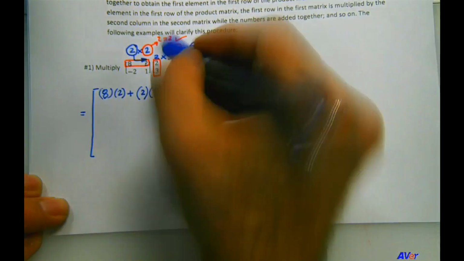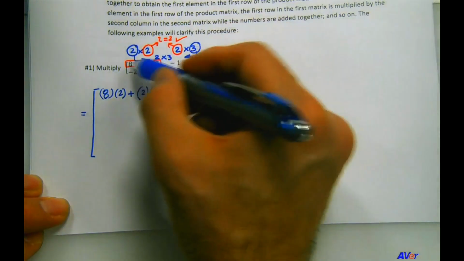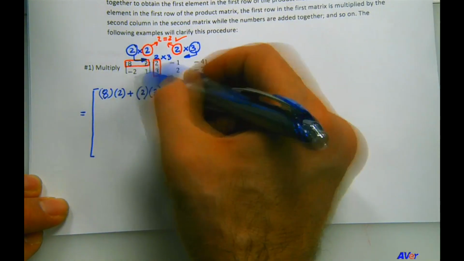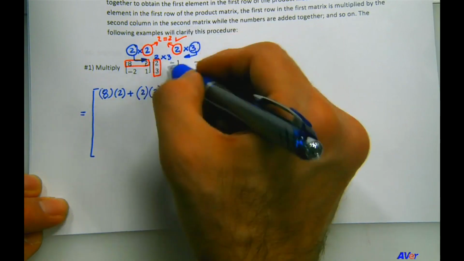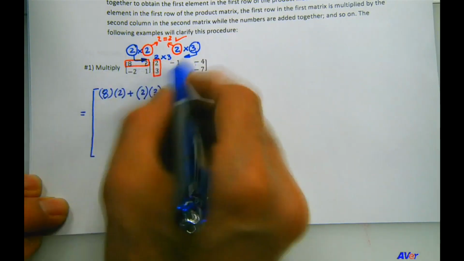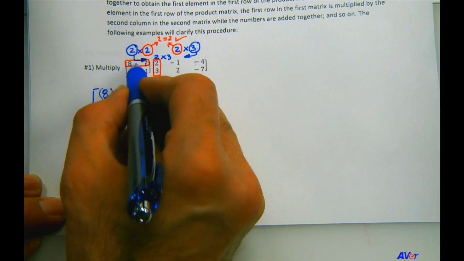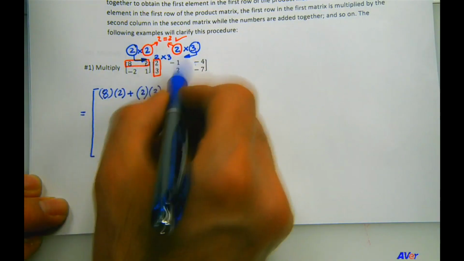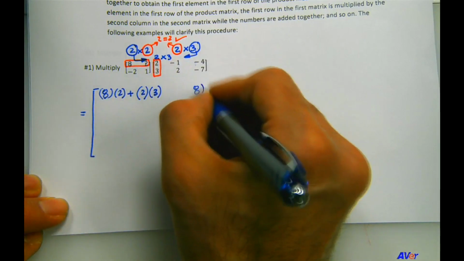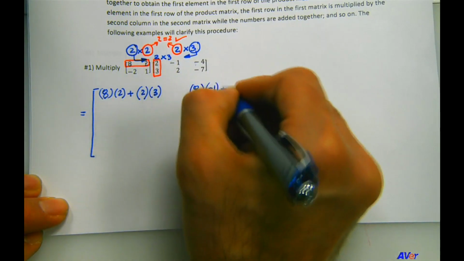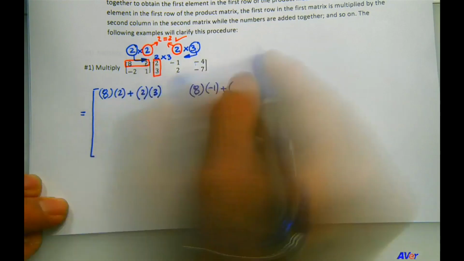Okay, so I multiplied the first row in the first matrix by the first column in the second matrix. Now let's multiply the first row in the first matrix by the second column in the second matrix. So 8 times negative 1 plus 2 times 2.